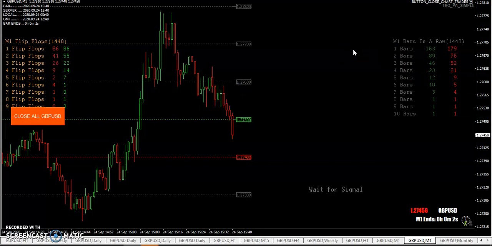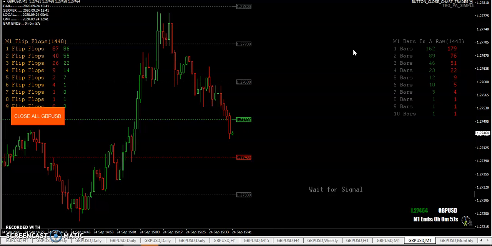Now people might think, well, it's 50-50. No, it's not 50-50. We're not flipping coins here. The probability of this candle closing red versus this candle closing green does not exist. Let me repeat that.